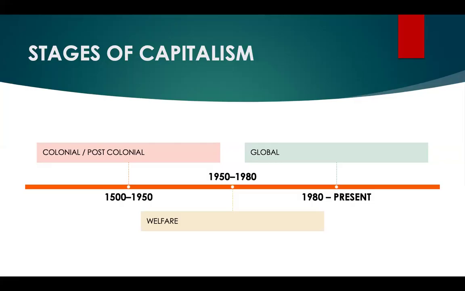Merchant capitalism in the 15th to 18th centuries was based on state-controlled trade and colonial expansion. The accumulation of wealth through gold, silver, and resource extraction was very significant in that time.